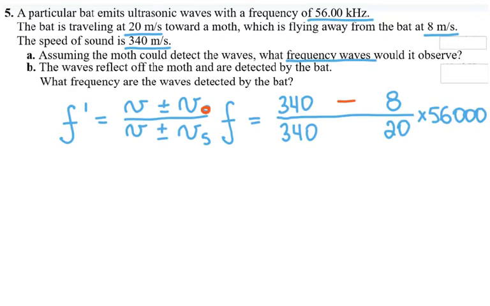But the bat is approaching the moth. So because the bat is approaching the moth, it makes the new frequency higher. To make the new frequency higher, I also have to subtract in the denominator. So now if I calculate the frequency that the moth hears, I will have 58.1 kilohertz.